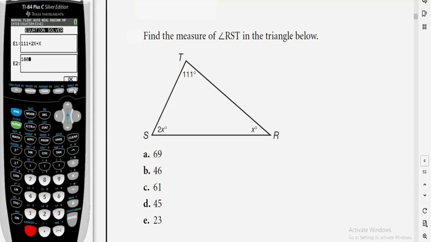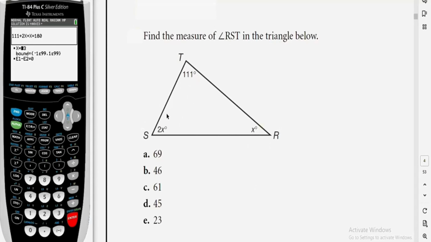Press this graph button for OK. Assign x to be 0, then press alpha and this enter button to solve it. So our x is what? 23.